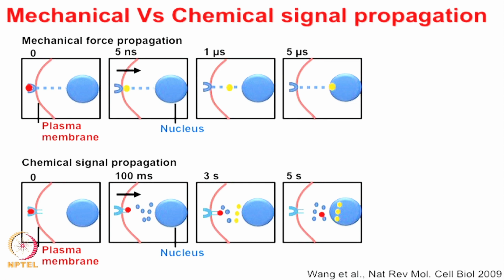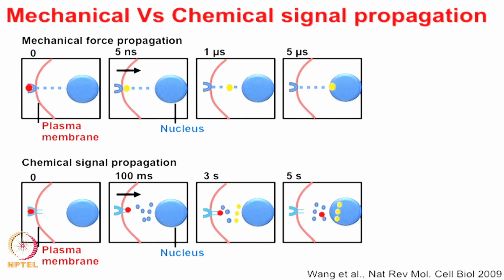This schematic shows that if you have a physical linkage between the outside of the cell and the inside of the cell, then any signal from the outside can get propagated all the way to the nucleus in as little as 5 microseconds.